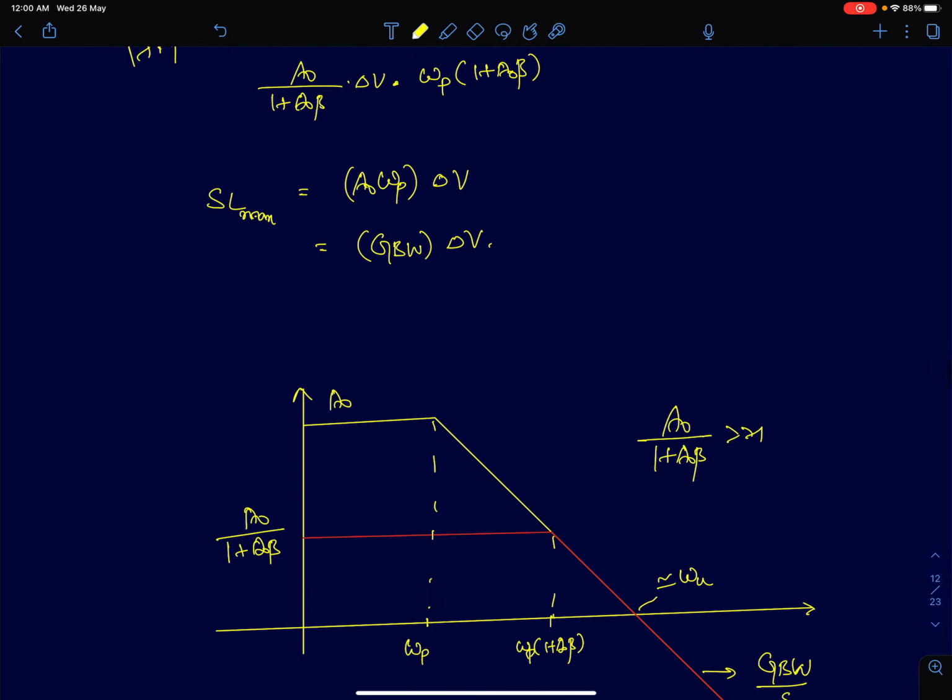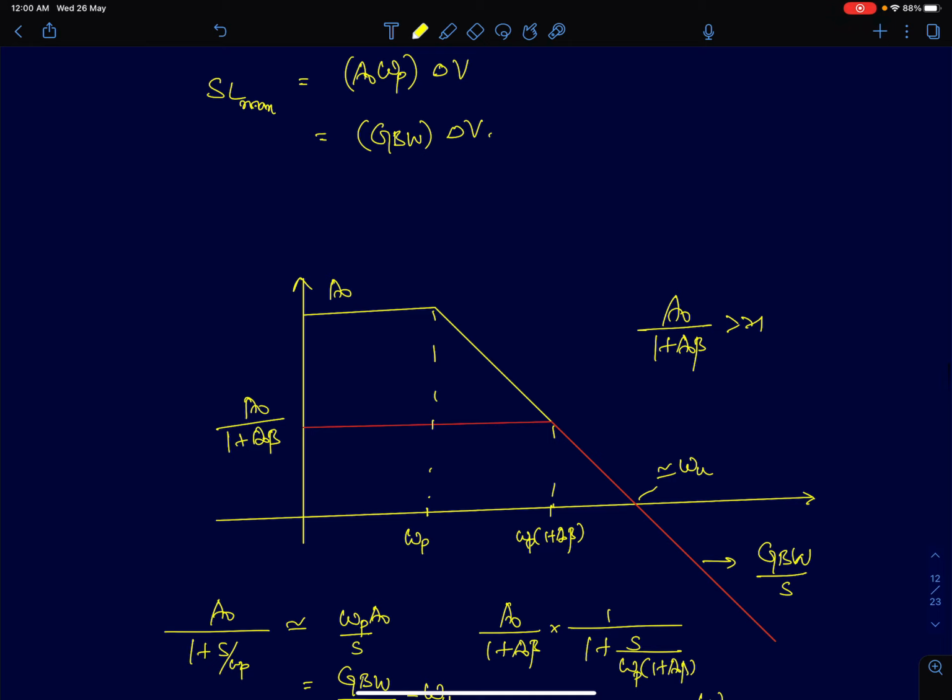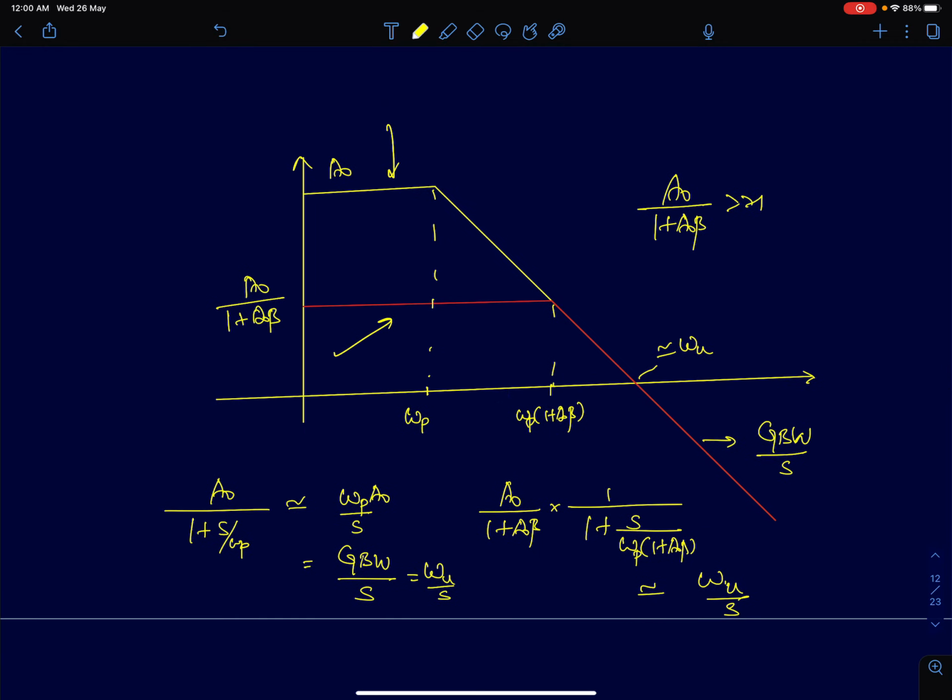To further elaborate, what I've shown here are the open loop and closed loop frequency responses. The open loop response at very high frequencies can be written as A0 by 1 plus S by omega p, where S is much greater than omega p. You can approximate it to omega p into A0 by S, which is nothing but GBW by S, the gain bandwidth product by S. So it looks like an integrator.